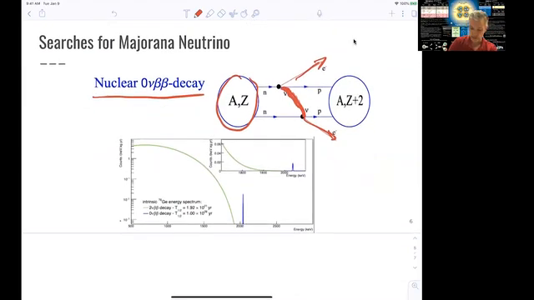This is done by measuring, again, the energy spectrum. You typically have all kinds of background contributions, including backgrounds from double beta decays with 2 neutrinos. So you see the spectrum here, and then you look at the endpoint and look for a very precise, sharp peak in the energies of the 2 electrons.